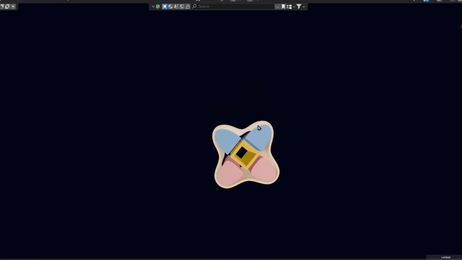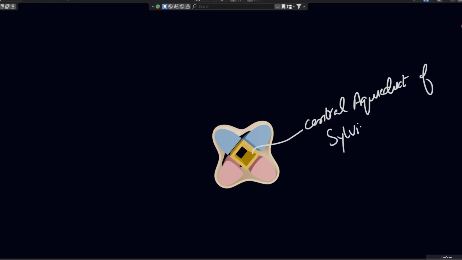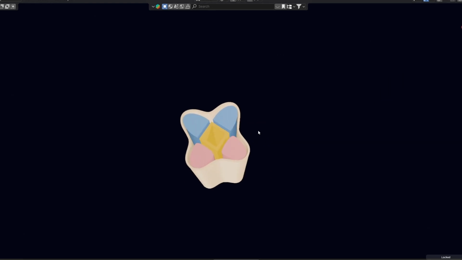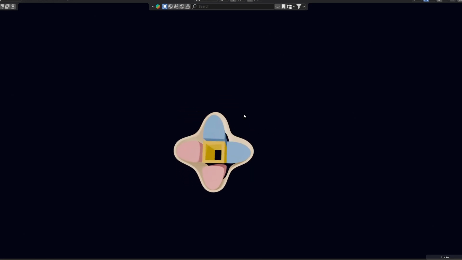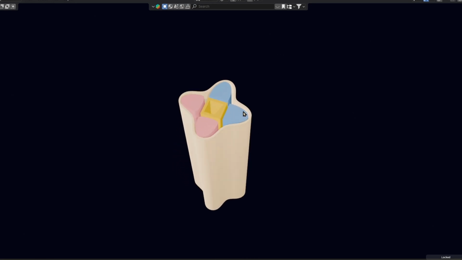The central canal in the region of the midbrain will form the central aqueduct, the central aqueduct of Sylvius. We have discussed these things previously as well.